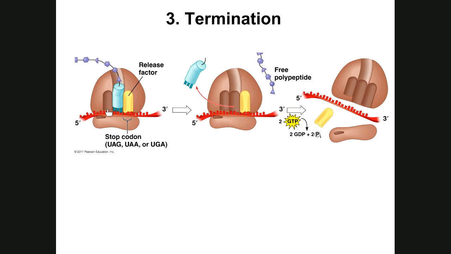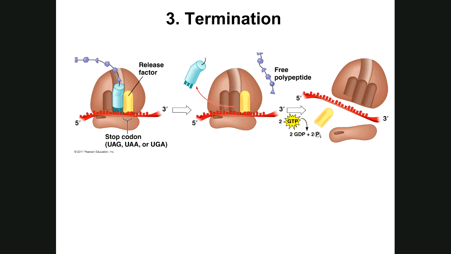And when it shifts down to the next codon, if any one of these three stop codons enters the A site, this is what will help trigger the third basic step of translation, termination.